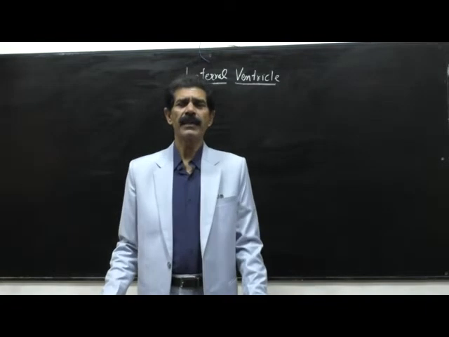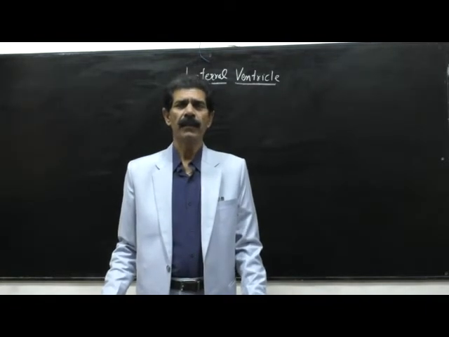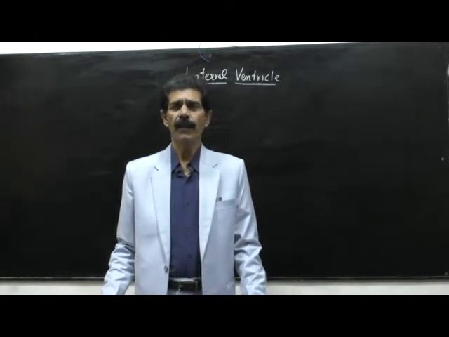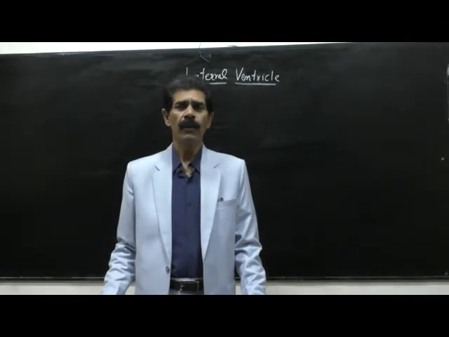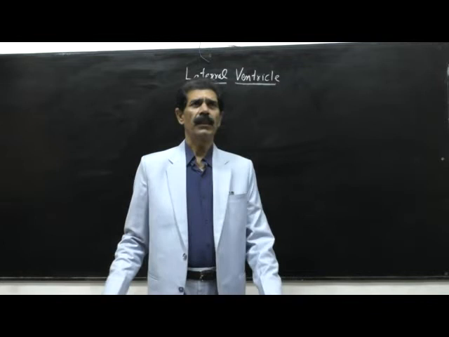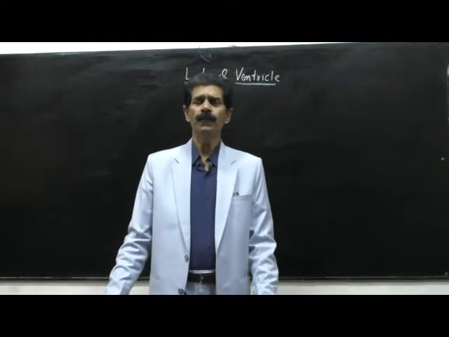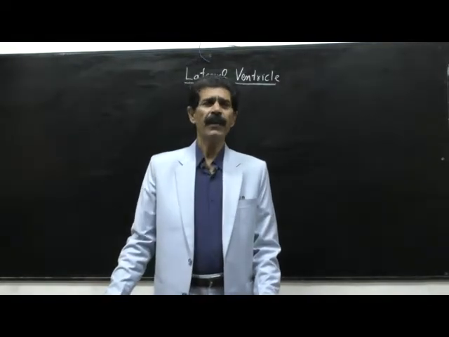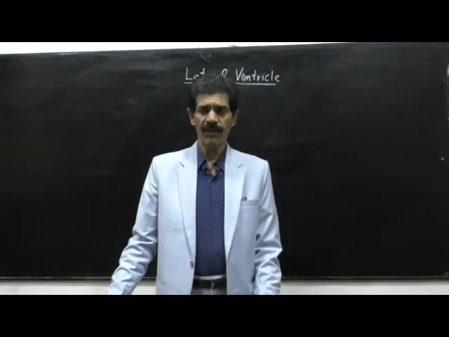In order to understand the lateral ventricle, first of all we have to go into the developmental stage. During the development of the cerebrum, the lateral ventricle was very large.